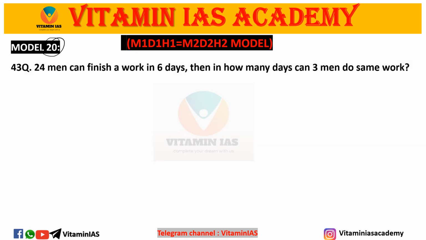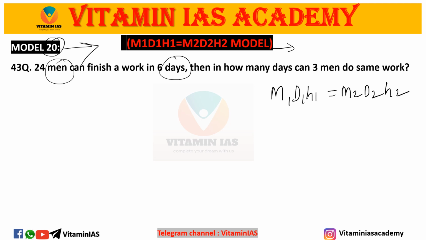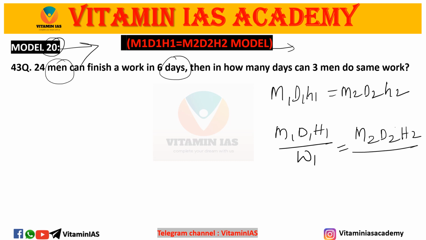This is the 20th model, called the MDH method. Whenever the question consists of man, days, hours and work, go with this, because the formula is M1 D1 H1 is equal to M2 D2 H2, or else M1 D1 H1 by W1 is equal to M2 D2 H2 by W2.